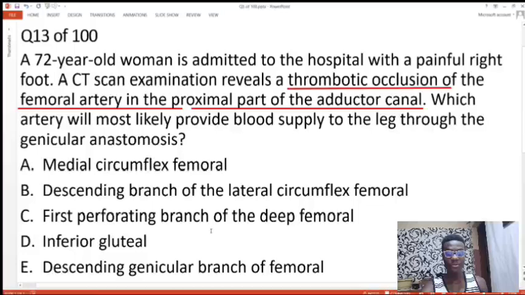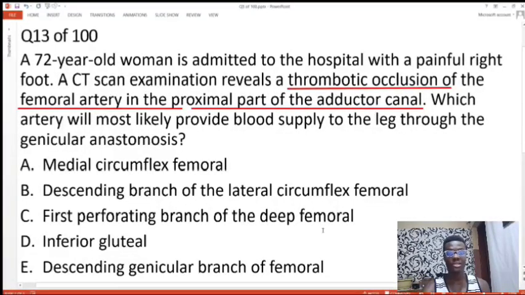Option C, the first perforating branch of the deep femoral artery. The deep femoral artery is also called the profunda femoris artery, and it is the largest branch of the femoral artery. It is the major artery that supplies blood to the thigh. It gives off three perforating branches, while the terminating part of the profunda femoris forms the fourth perforating branch.